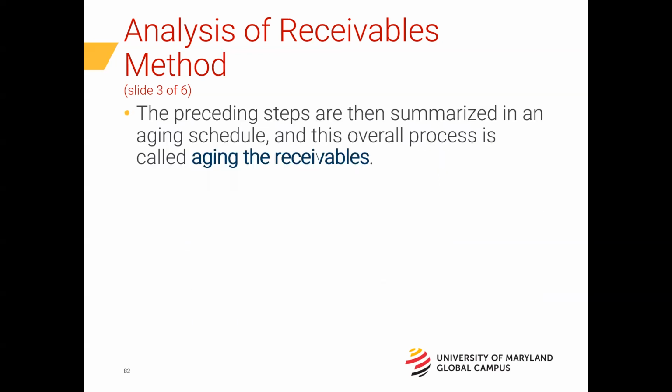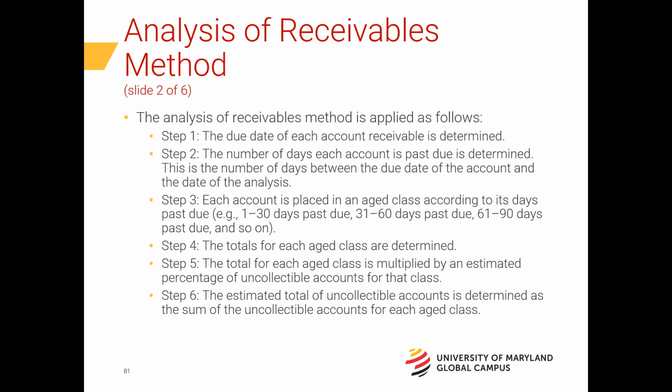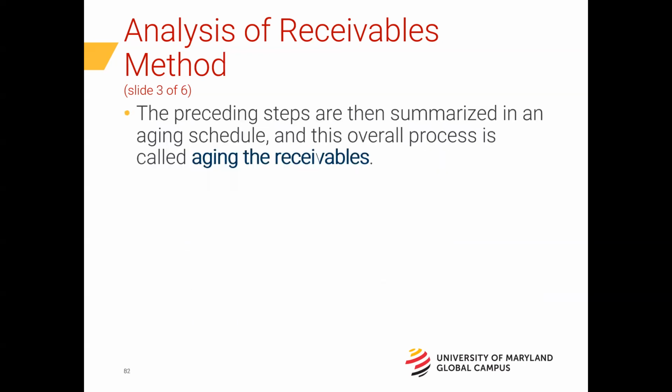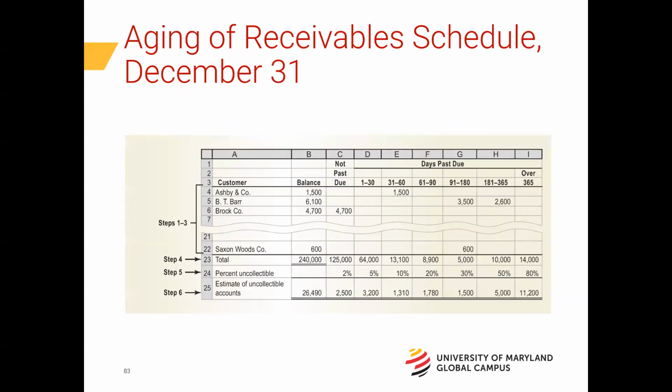So, how do we figure out where things are or how old the receivables are getting? We do that through this report called the aging of receivables. And it's a summary that shows us how old the individual receivable accounts are.